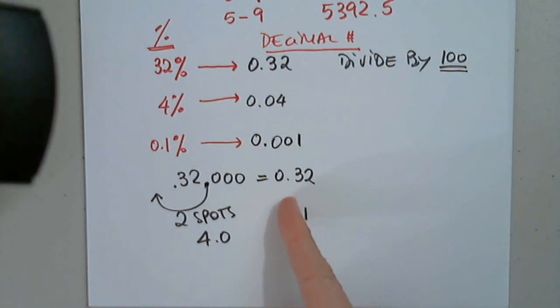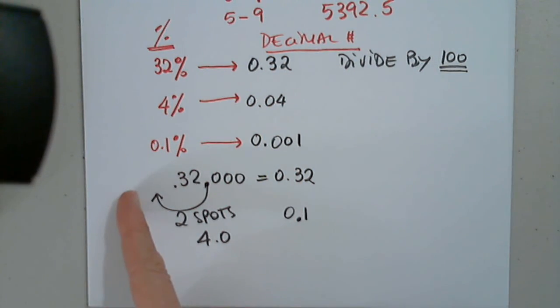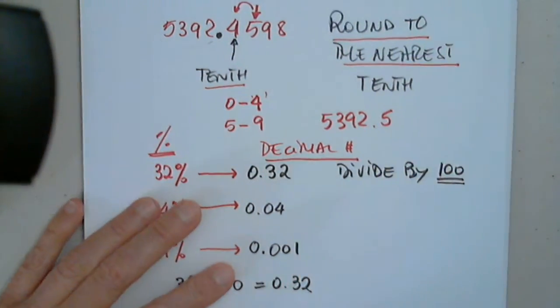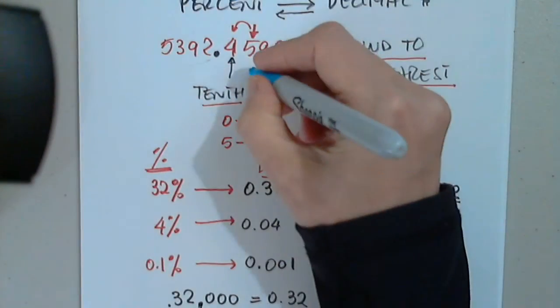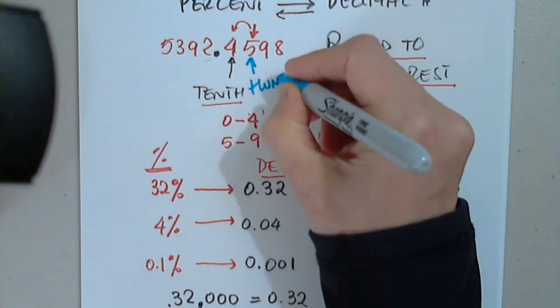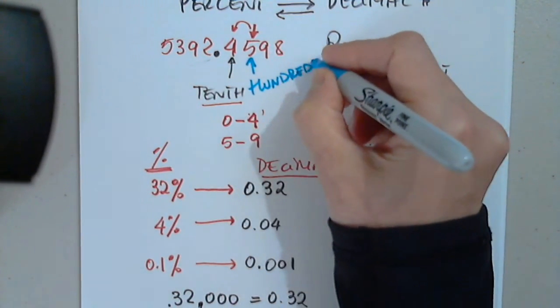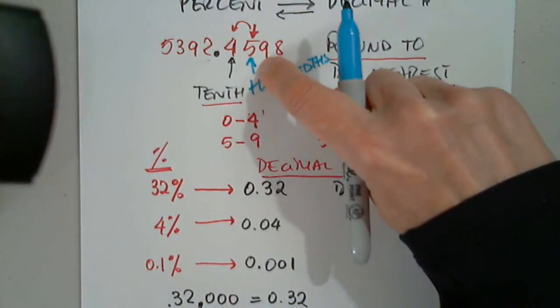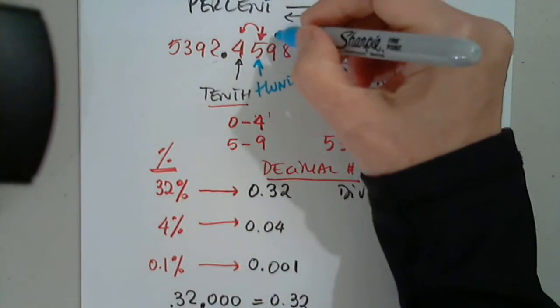Now I would like to go backwards. I would like us to look at the decimal and go back to a percent. Before I continue, because I have this page up here, so this digit is called hundredths. This one is thousandths.